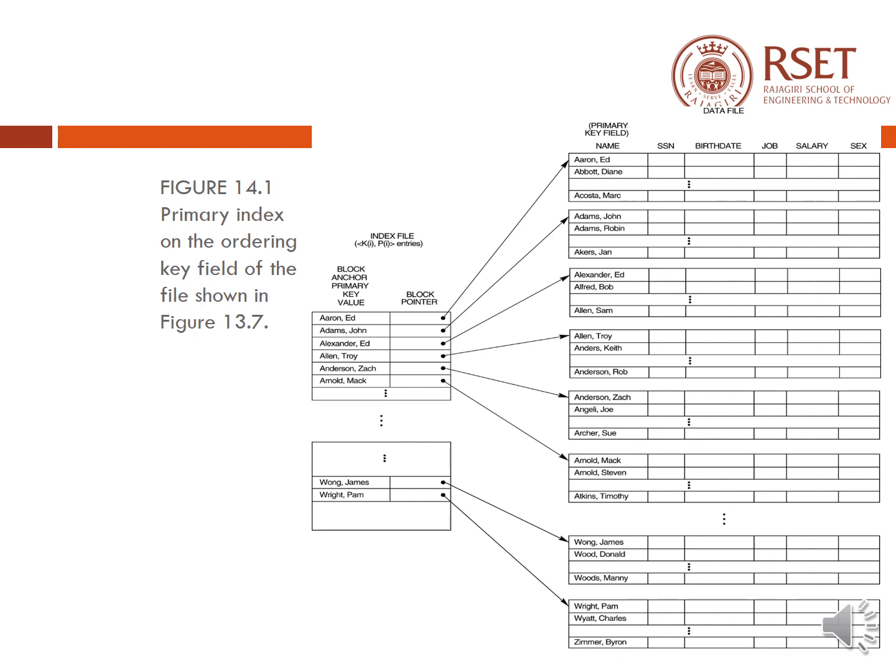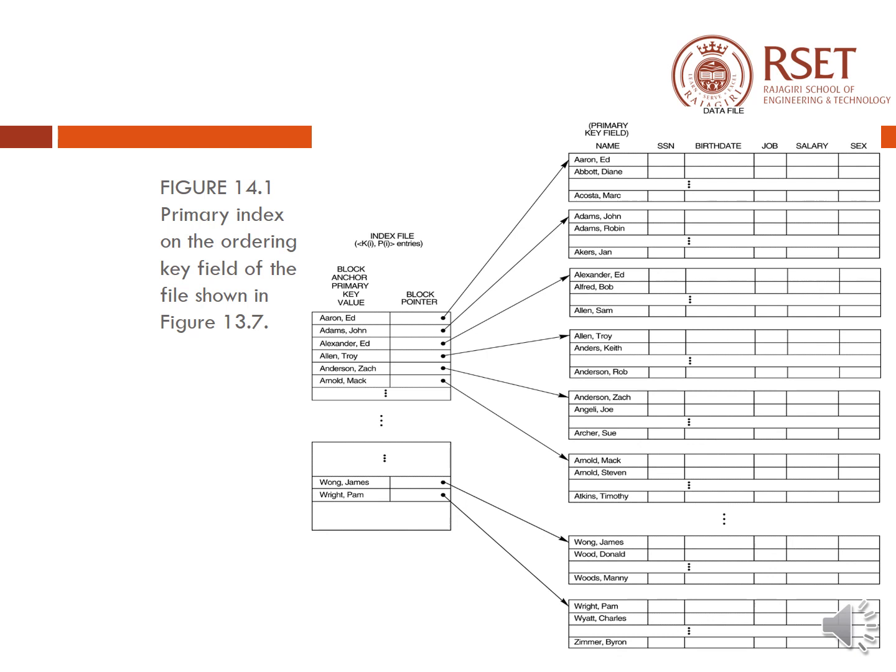This is known as the block anchor, which points to the first line of each block. That's why it is called a block anchor. This is ordered based on the primary key value, so that is known as a primary index, where the ordering is based on the primary key field.